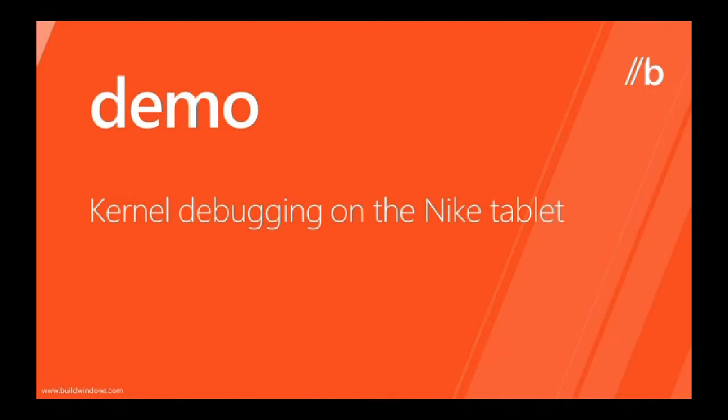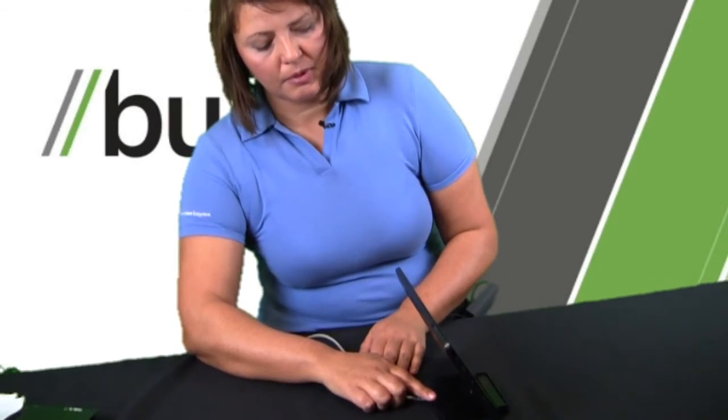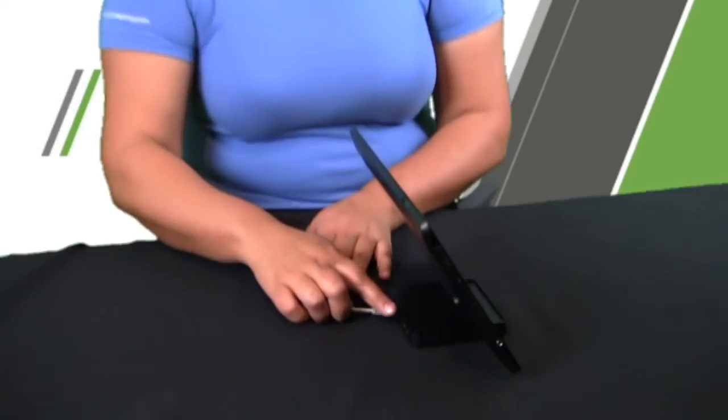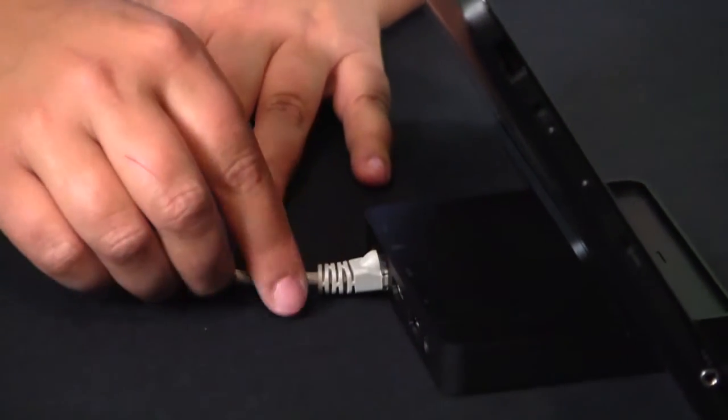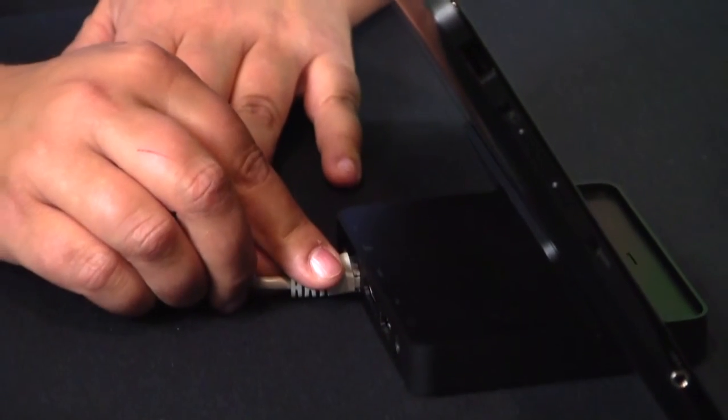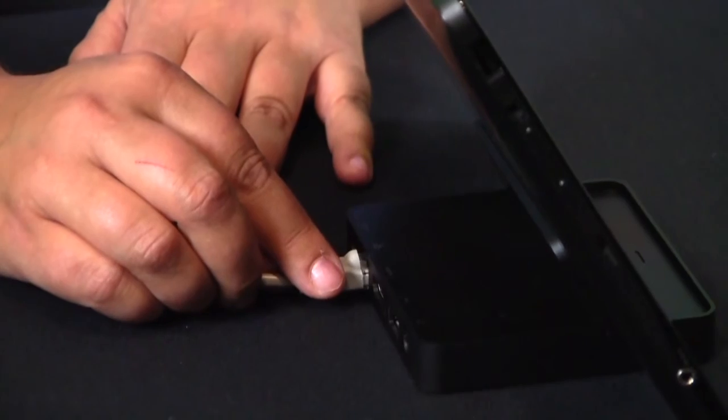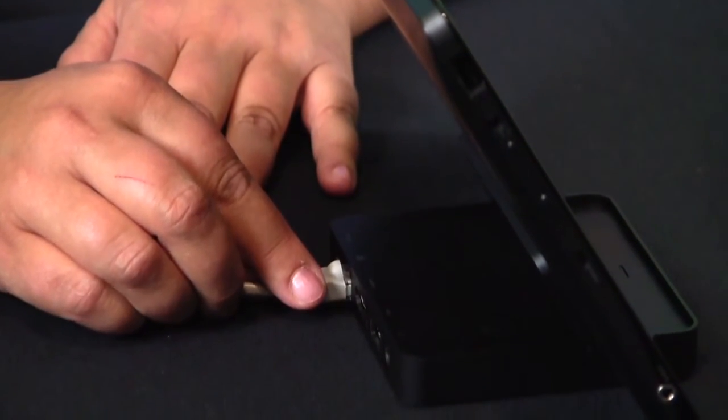One solution for providing more debug ports, especially for the small form factors, is to use the dock for adding more user-accessible ports. In the case of the Nike device, we've added an Ethernet adapter, in this instance 1 gigabit Realtek, and an RJ45 port on the back of the dock.